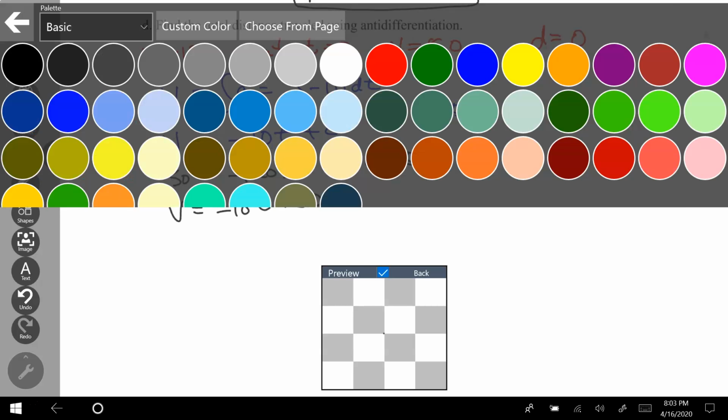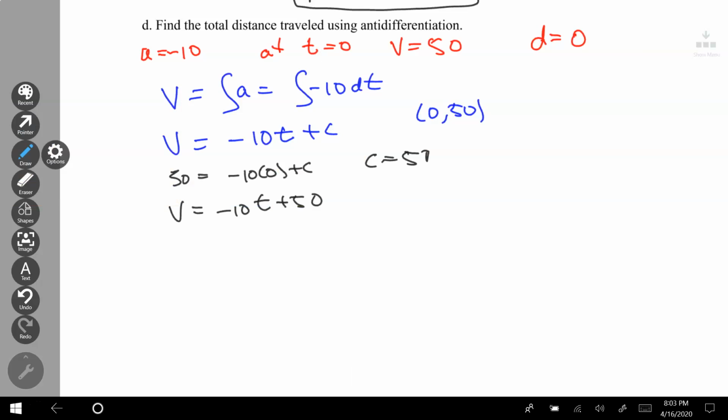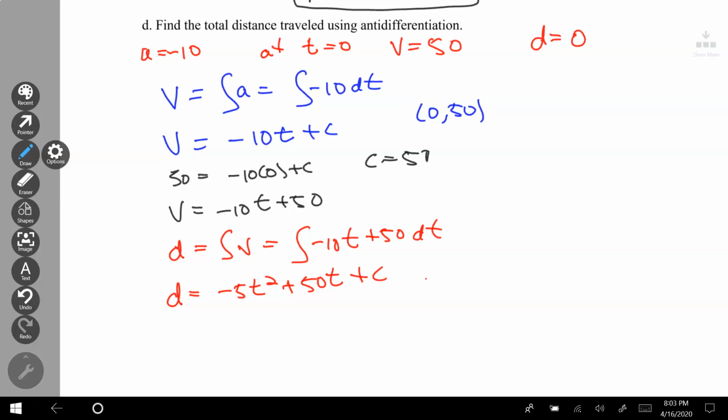And then I know my distance, or my displacement, is equal to the antiderivative of velocity, which is the antiderivative of negative 10t plus 50 dt. And so d equals negative 5t squared plus 50t plus c. I have an initial condition of 0, 0.